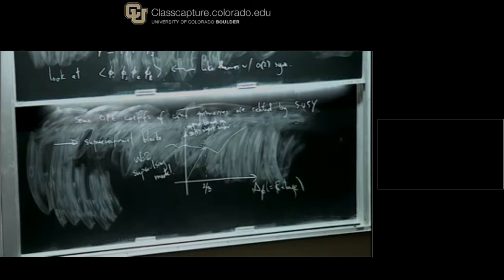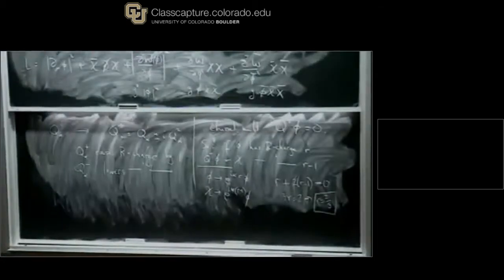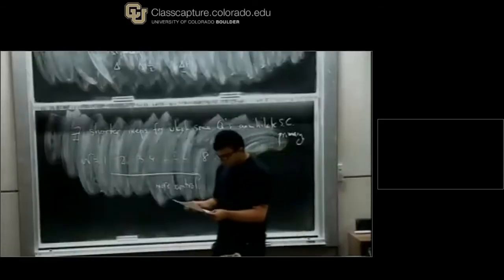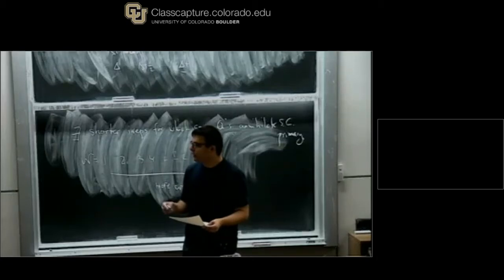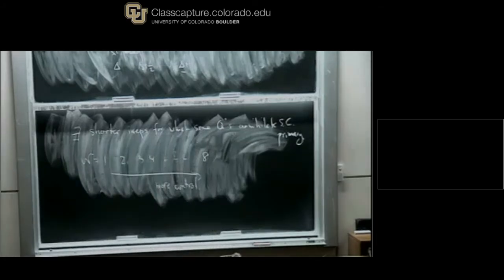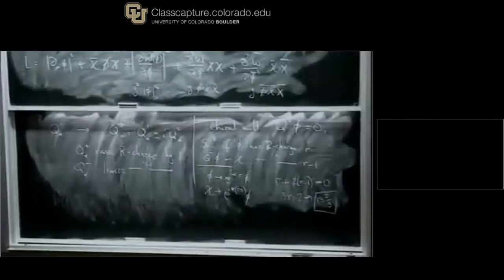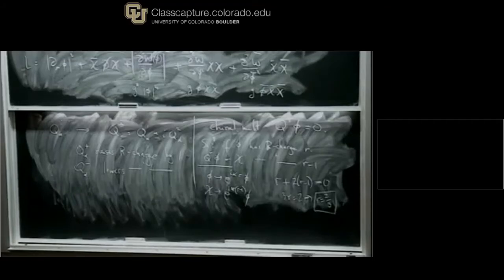Well, I'm not going to have time to explain how to calculate various things, but I do want to mention that in superconformal field theories, one can actually calculate the R charges of chiral operators using a procedure called F maximization. And from that, one can also extract two-point functions of conserved currents.